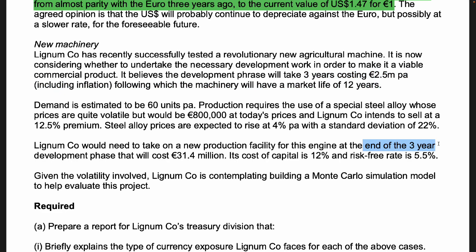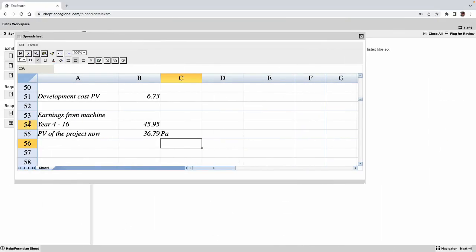See, at the end of year 3 you start. End of year 3 means you start selling at the start of year 4. Make sense? So you earn from year 4 to year 16. Got it? Are we clear or not clear? All okay? Make sense? Follow.